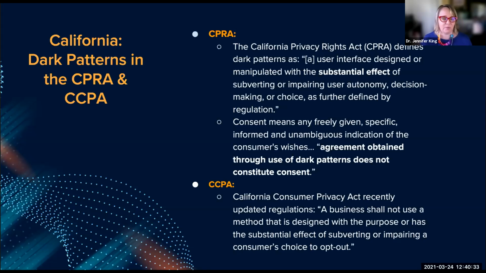So the CPRA, which doesn't go into effect until 2022, has a hybrid approach, meaning the CPRA contains a definition of dark patterns, which is here on this slide: a user interface designed or manipulated with the substantial effect, so based on an outcome, of subverting or impairing user autonomy, decision-making, or choice, as further defined by regulation. And then in the statute itself, it's very specific how to apply it in the CPRA context. It's focused very narrowly on consent.